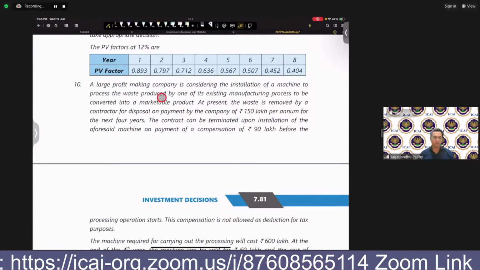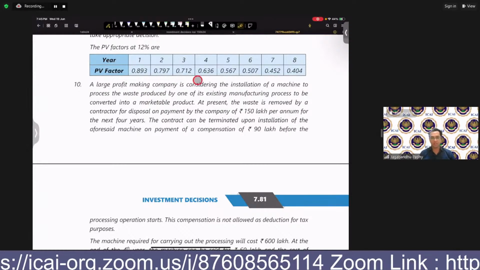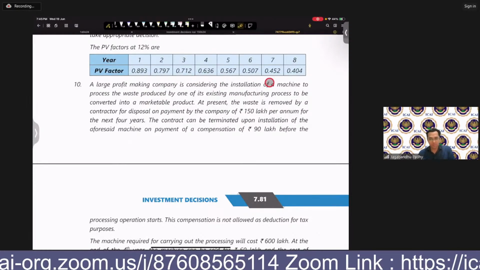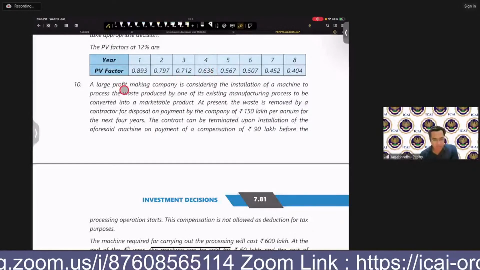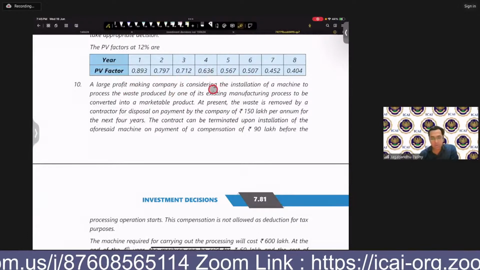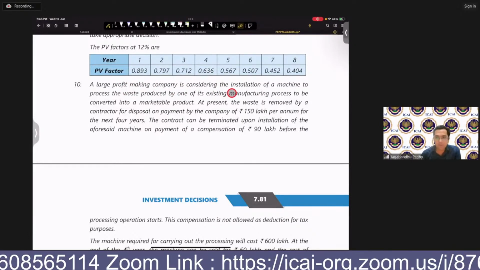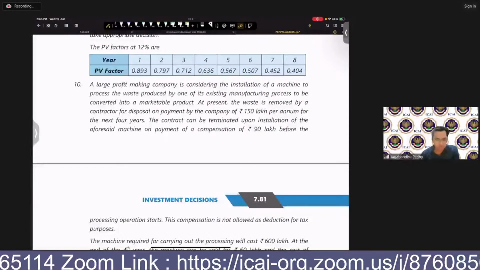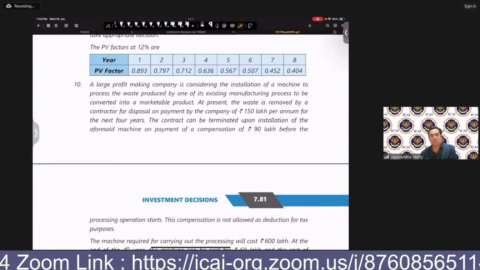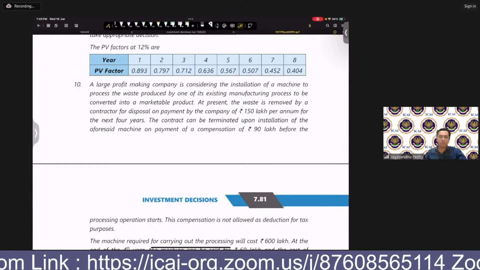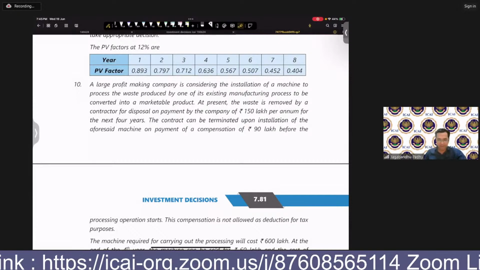So we have an existing manufacturing setup in which we are producing some sort of waste, and we are looking for how do we go about processing that.